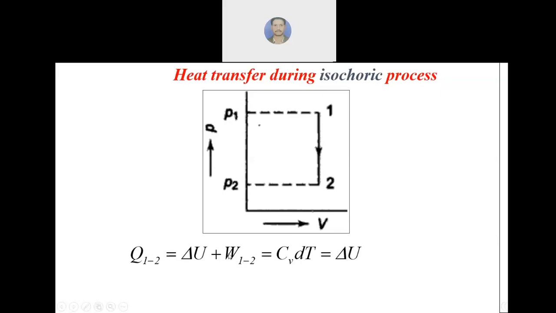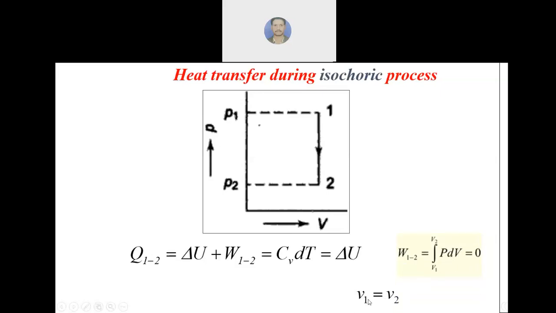Now, why is this heat transfer equal to Cv dT, which is nothing but delta U? Why is there no expression for work transfer? The first law says heat transfer equals del U plus work transfer. But here there is no work transfer. What is the reason? The reason is that it is a constant volume process, meaning V1 equals V2. So what will be the work done for a constant volume process? Work done is given by the integration of P dV.